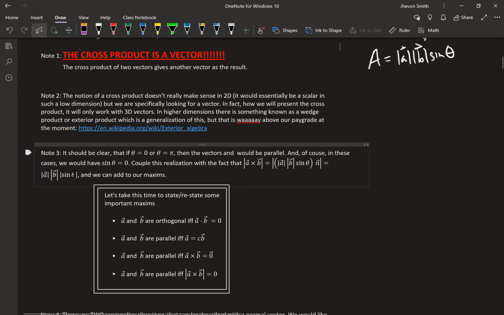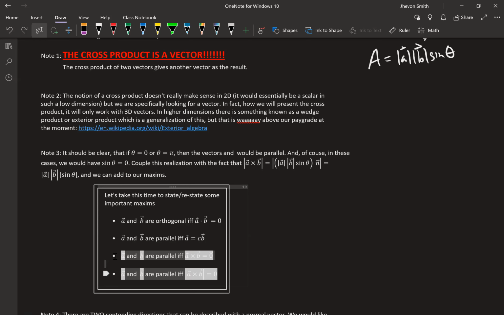This immediately gives you the following fact. If your theta is 0 or pi, then the magnitude of the cross product is going to be the 0 scalar. Which means if your A and B are parallel, the cross product will be the 0 vector, or respectively, the magnitude of the cross product will be the 0 scalar.